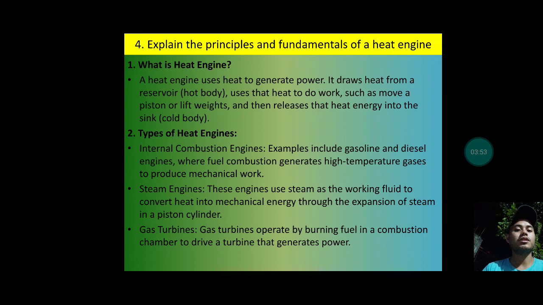What are the types of heat engines? We have internal combustion engines and external combustion engines. Usually internal combustion engines are like gasoline and diesel engines, where fuel combustion generates high temperature gases to produce mechanical work. While in steam engines, high temperature gas is produced, but mechanical work is done outside of the steam boiler, so externally.